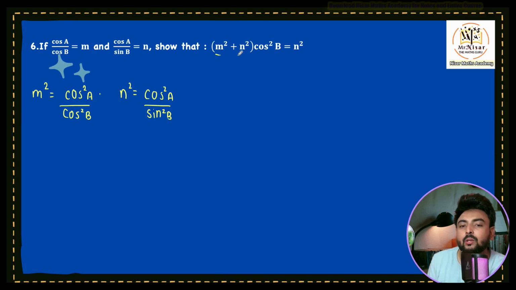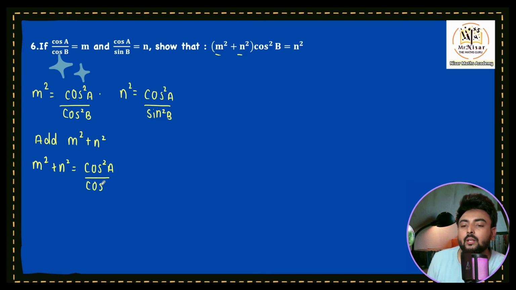It was m square plus n square. So I have done the square of m and n square, then we add m square plus n square as it is said in the question. So if I add, I'll get m square plus n square as cos square a upon cos square b plus cos square a upon sin square b.